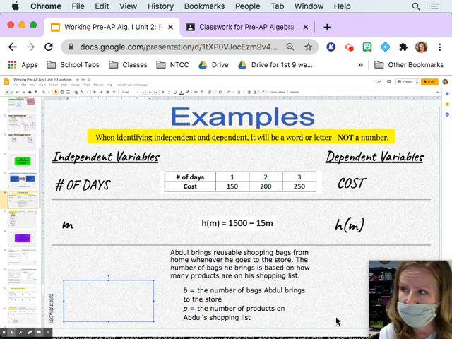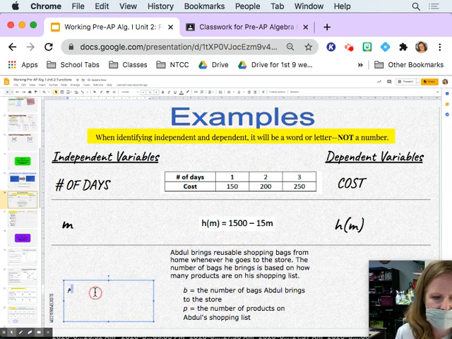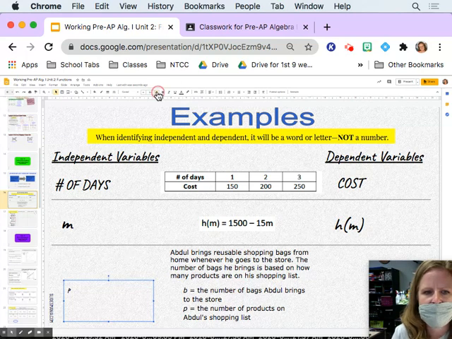Number of bags he brings to the store, but it says it depends on the products, how many products, yeah. So it's P. It's already written here, so I'm just going to do P, since we already know what the variable is. Number of products he puts on a shopping list.